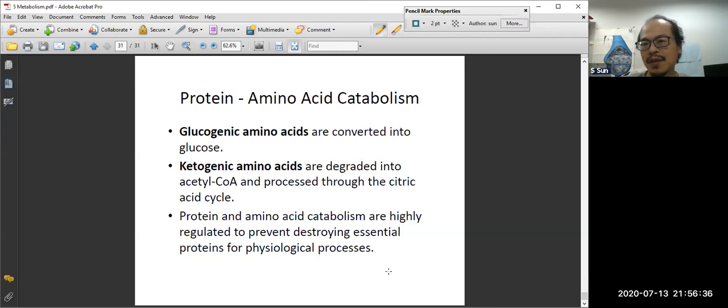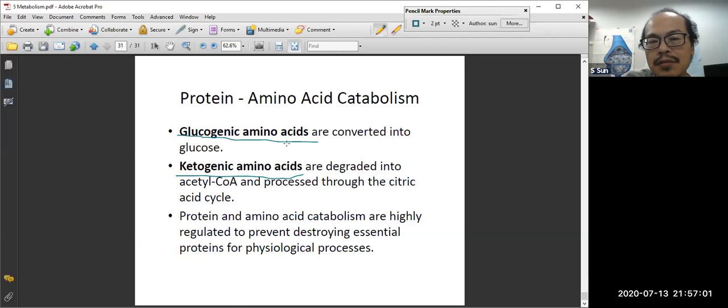If we do burn them though, there are two ways to burn them. We can burn them like glucose, or we can burn them like fatty acids. So amino acids can be classified into two types. One type is called glucogenic amino acids. The other is called ketogenic amino acids.